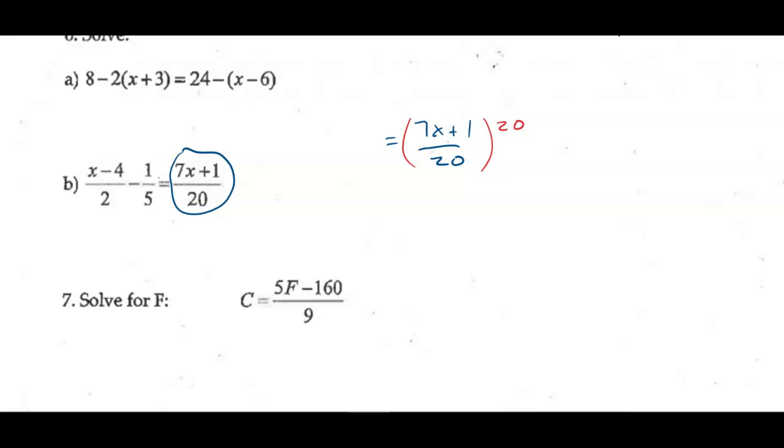If I multiply this by 20, the 2 will cancel away because 2 goes into 20 10 times. And if I multiply this by 20, the 5 goes into 20. So basically you're picking a number, the lowest common multiple, that'll cancel all those denominators out. And this is what it looks like. I'm going to multiply this whole side by 20.